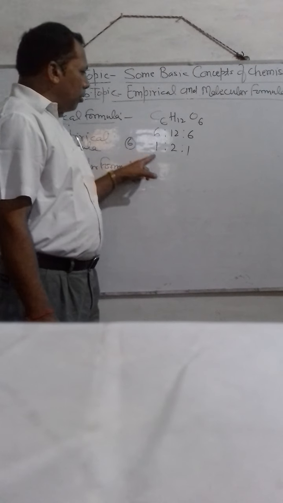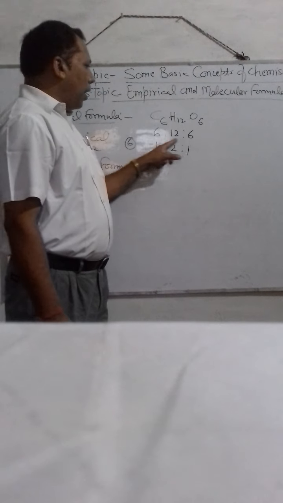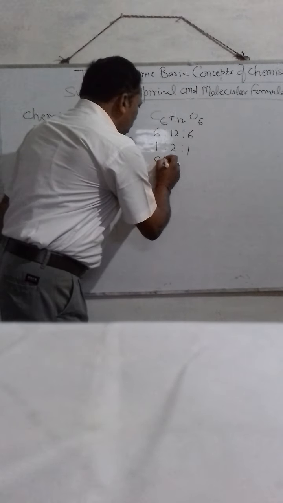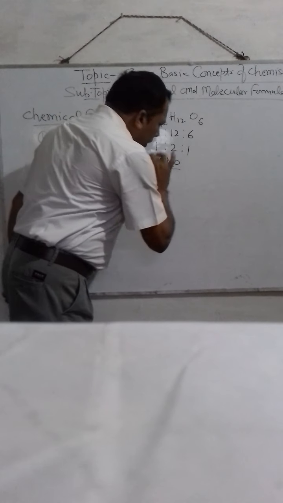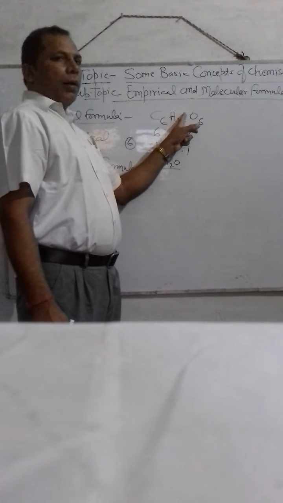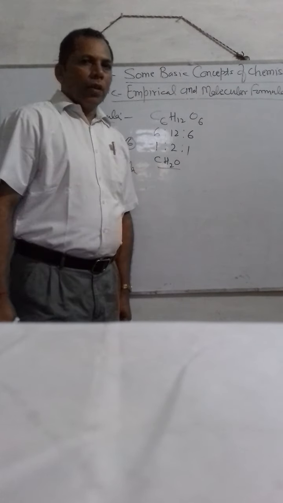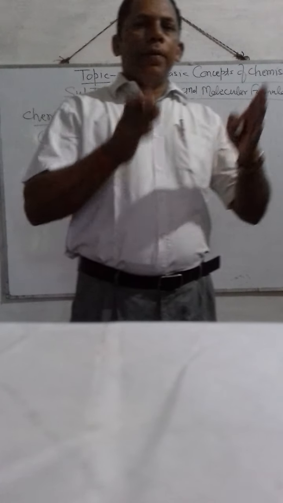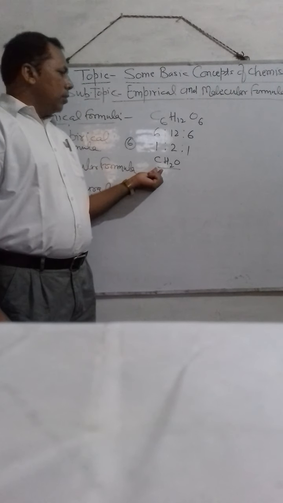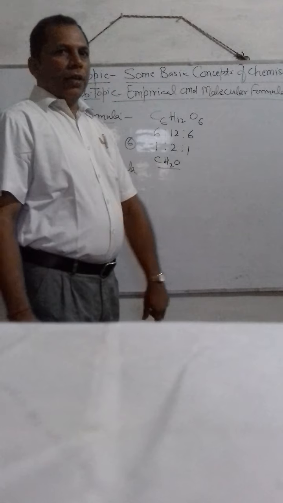This is now the simplest whole number ratio, and it represents the empirical formula of the compound. So the empirical formula of glucose will be CH2O. This is the way of writing the empirical formula of a compound. Clear, students? I am taking another example.